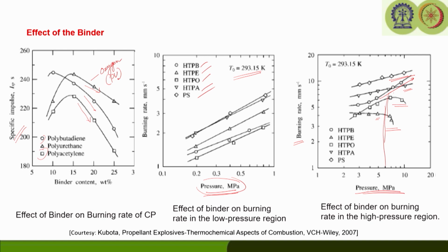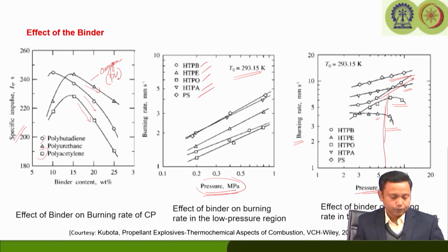Plateau burning is remaining constant, where n equals 0, and mesa burning shows a decrease in burn rate. So, further increase in pressure has a negative effect on the burn rate, and we can see the mesa burning after the pressure somewhere around 8 or so. Therefore, the burning is kind of interrupted above this pressure.